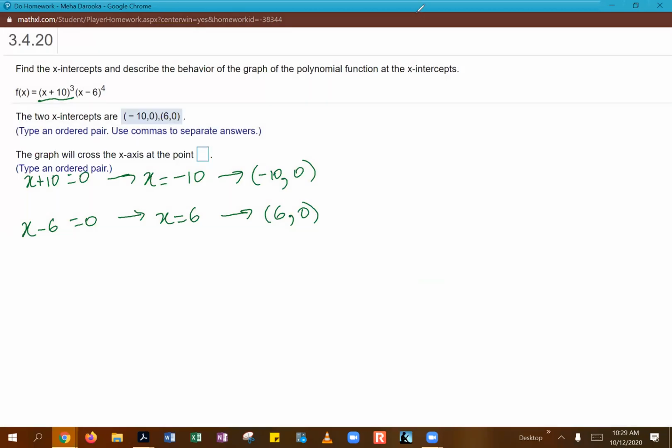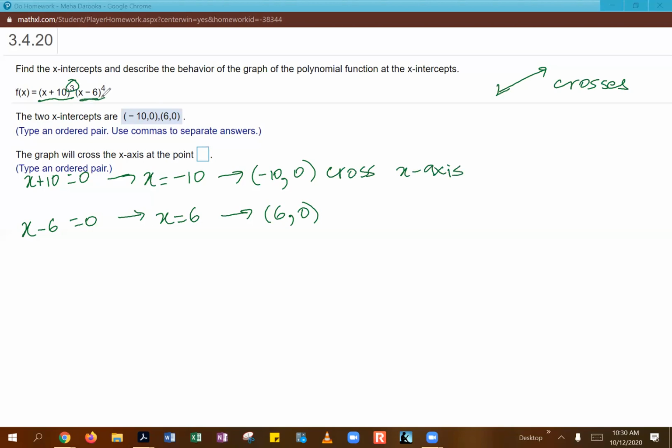Okay. Now they want to know where it's going to cross at the x-axis. So you can see this one here was the odd number. So remember, for the odd number, you can think what the line y equals x does. So this actually crosses. So that means this is where our graph is going to cross the x-axis.